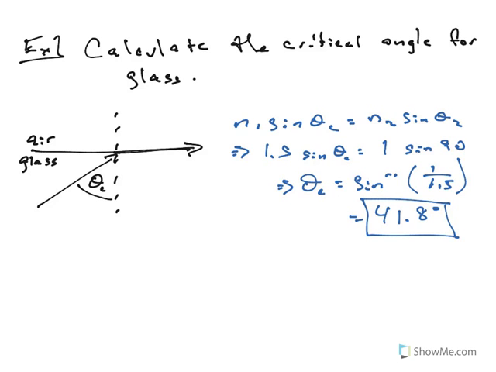Now, of course, if you're fine with memorizing stuff, you just remember that the critical angle is the inverse sine of N2 over N1. That's okay. In fact, if you look in textbooks, they'll give you this equation. But as I said, I have a very bad memory.